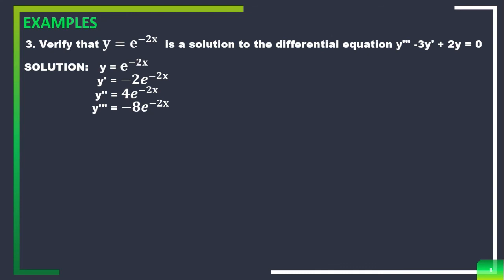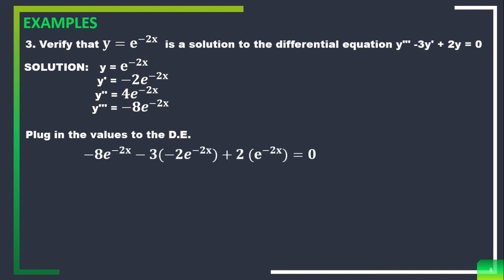Again, we will plug in, substitute, the values to the differential equation. Negative 8e raised to negative 2x minus 3, and plug in our value of the first derivative, which is negative 2e raised to negative 2x, plus 2, and plug in again the value of our y, e raised to negative 2x, is equal to 0.